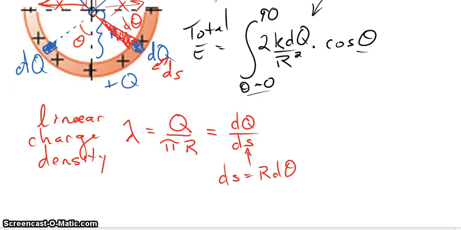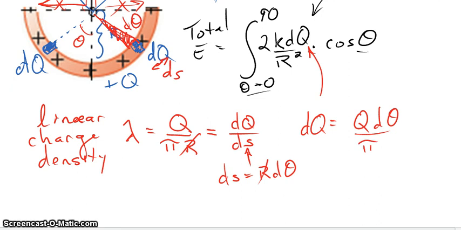Okay, so when we solve for dq, we need to solve for dq because we're going to substitute it into here. dq, we can cancel that once we substitute in, is going to equal q times d theta over pi. Right, make that substitution. Arc length is radius times arc angle. Always going to be true, whether it's a big angle or an infinitely small angle. And then this equation comes about right here because that charge is distributed evenly. Density, the idea of density is important.